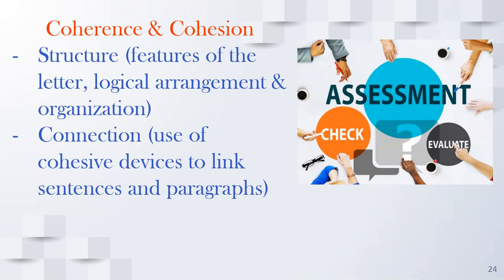Then cohesion is looking at how well you connect your ideas, your paragraphs, your sentences. There should be a very good link between and among the ideas and paragraphs that you have, so that whoever is going to read the letter would be able to follow and get the information contained in it.